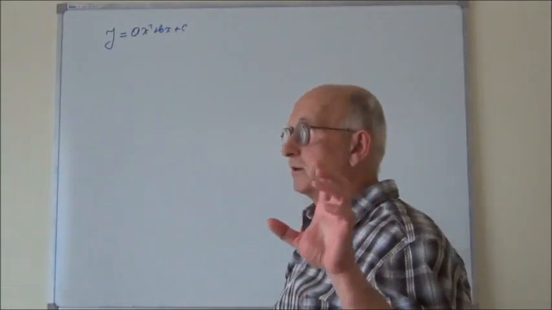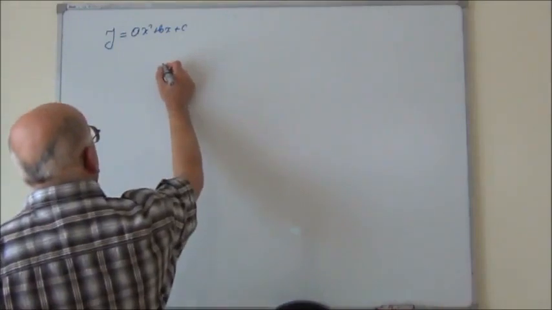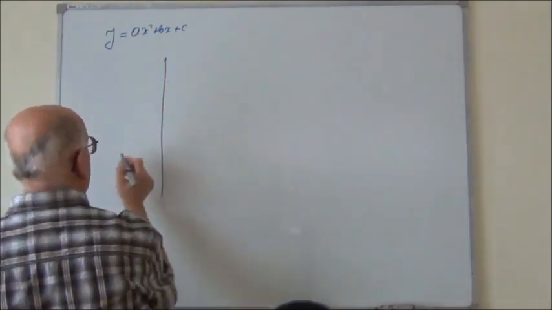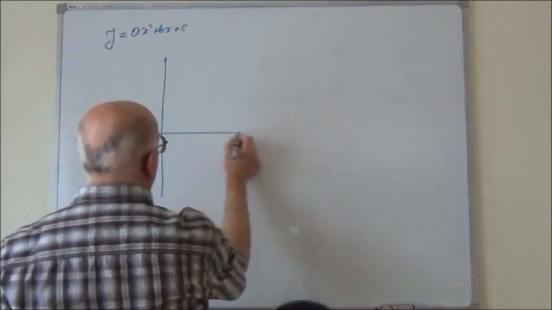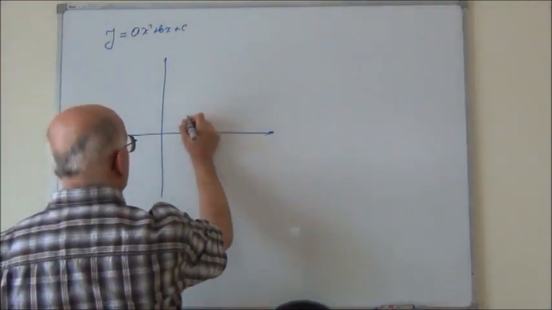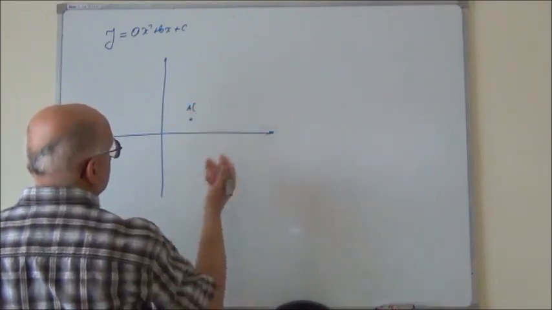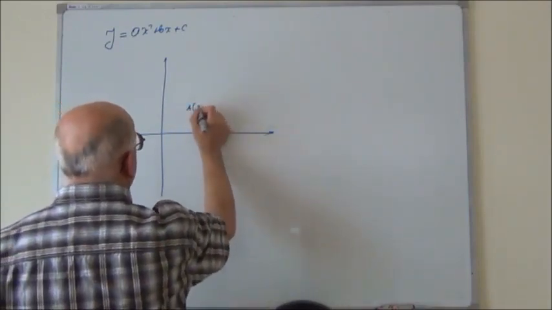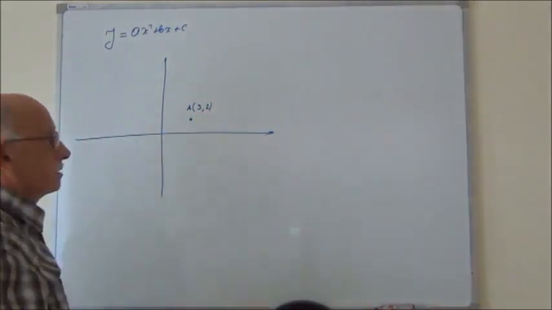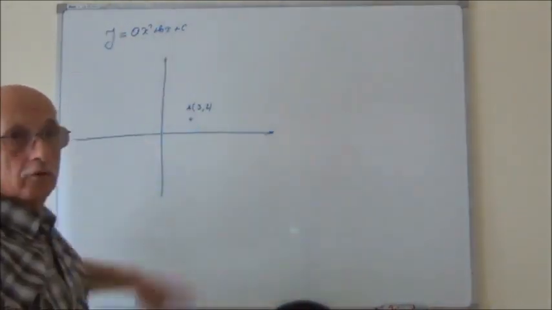sketching a quadratic graph, just to refresh your memory about transformations of graphs, let's say point A with coordinates, roughly, 3 and 2, is a part of some graph, let's say of our parabola.